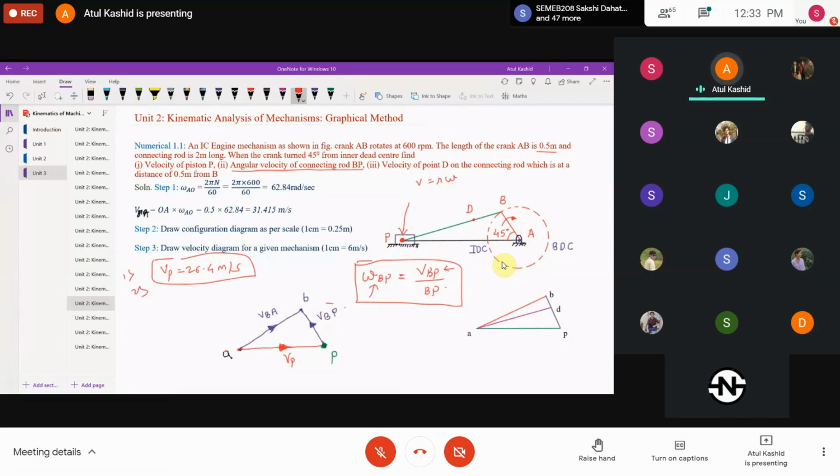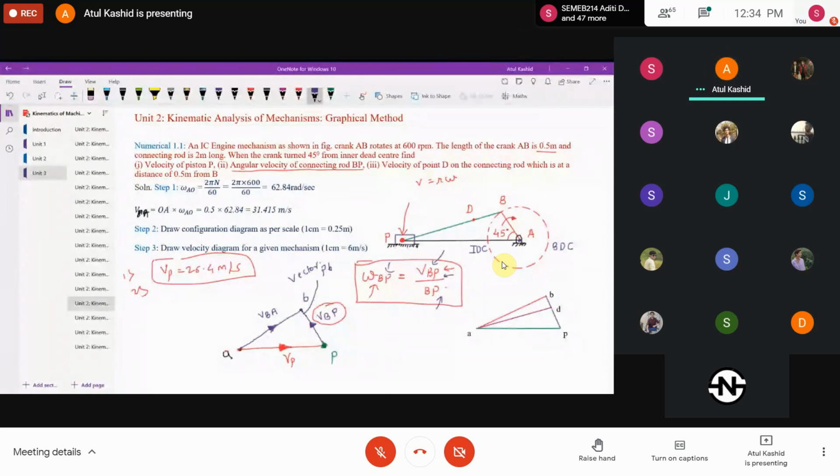Measure the vector PB, right? And then convert it and substitute over here, divide it by BP. Whatever the original length is, BP is 2 meter long. This velocity should be in meter per second, and calculate the value of omega BP, right?